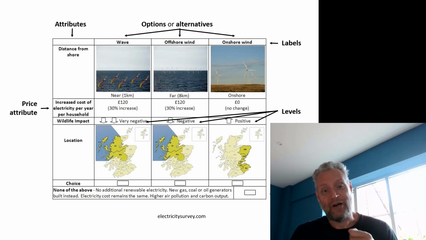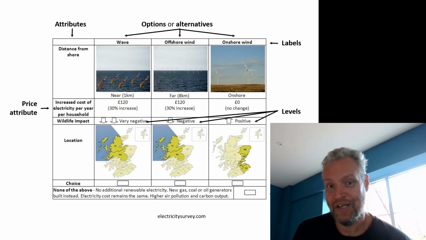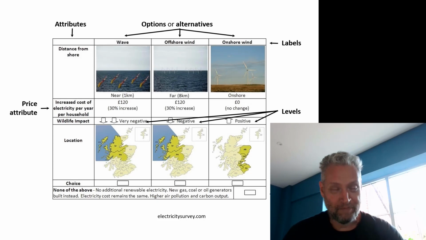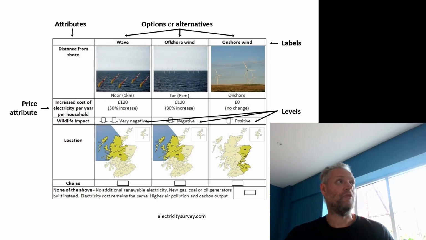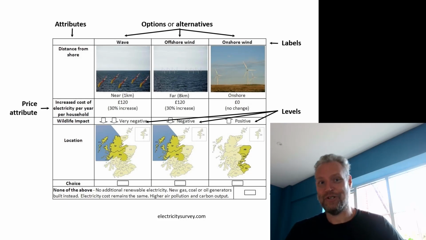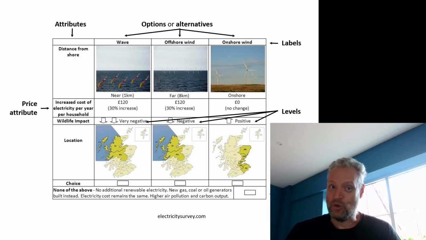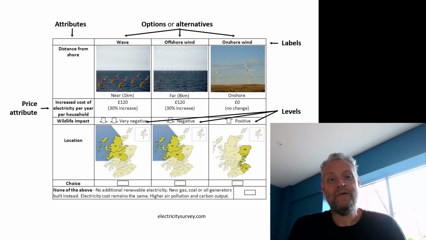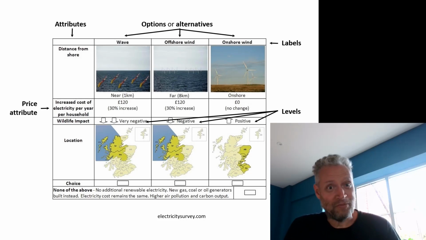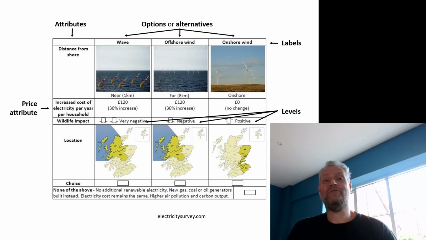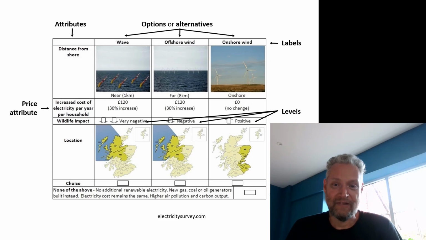So you need to make sure that every possible combination of attributes and levels is represented in your survey, and that is easy, you just do every permutation. But the problem with that is that you then exhaust your respondents because you have a very long survey. So somehow you need to split your sample such that every permutation is seen by somebody in a meaningful combination with another set of options and levels.